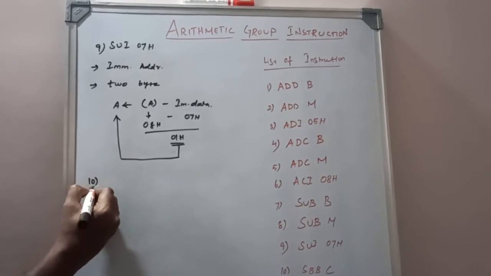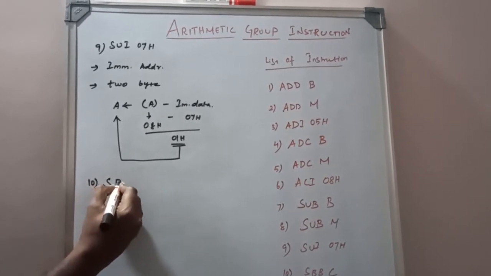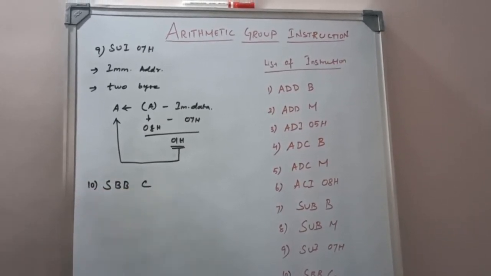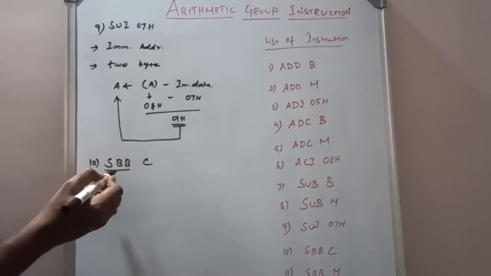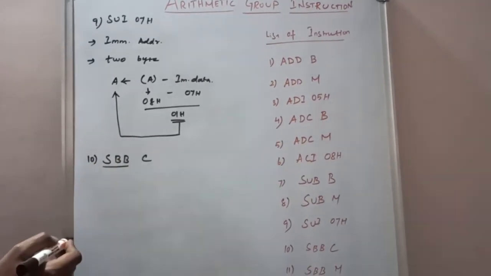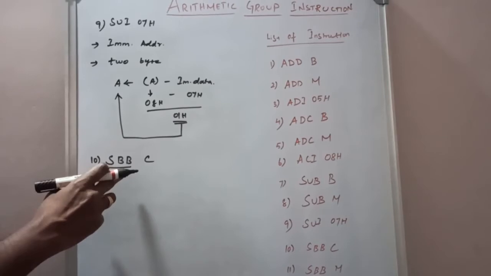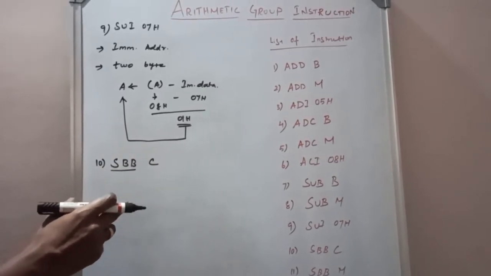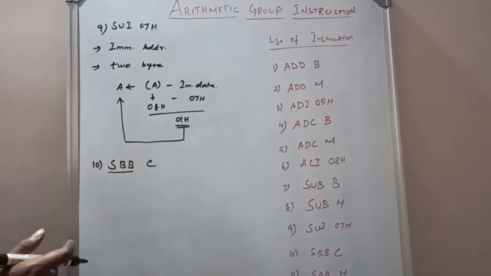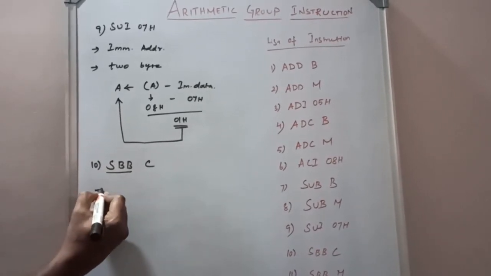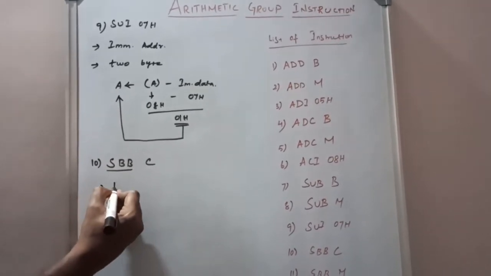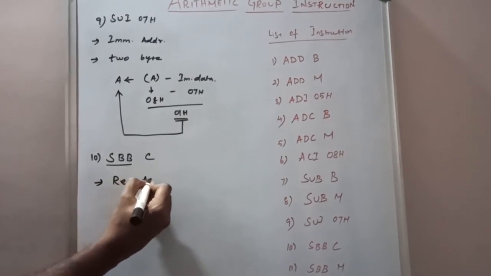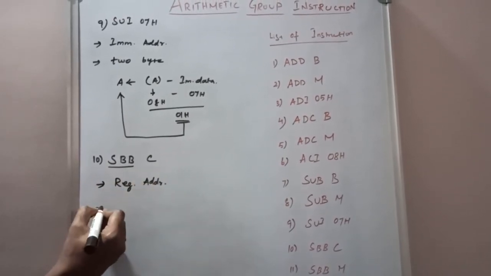Next, the 10th one, SBB C. SBB stands for subtract with borrow. Here you subtract the C register content from the A register content, and you also consider the borrow value. The type of addressing mode: register addressing mode.